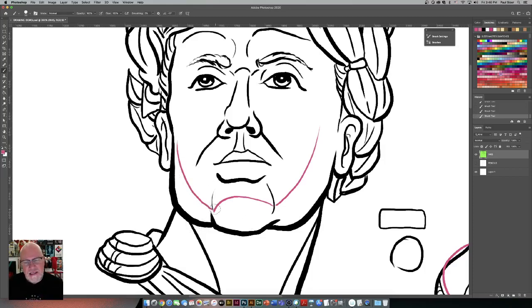Again, that line is giving us a cue to musculature, to bone structure, to things that are underlying. This crease going from the edges of his nostrils is showing us the indication that there is the musculature and bone structure for the cheeks. But we don't have to draw this out.